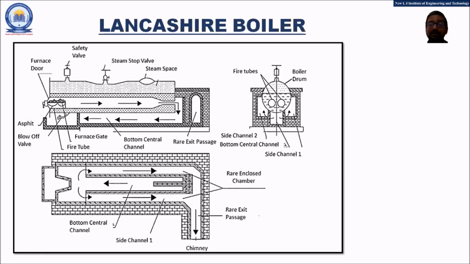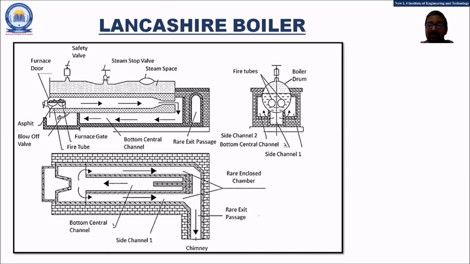After MF, they are transferred to the BF, the bottom path. Then they are transferred to the side path, that is SF. Then they are transferred to the chimney and finally released to the atmosphere. So friends, the point which is mentioned in your textbook in the box is very important in order to understand the working of the Lancashire boiler.